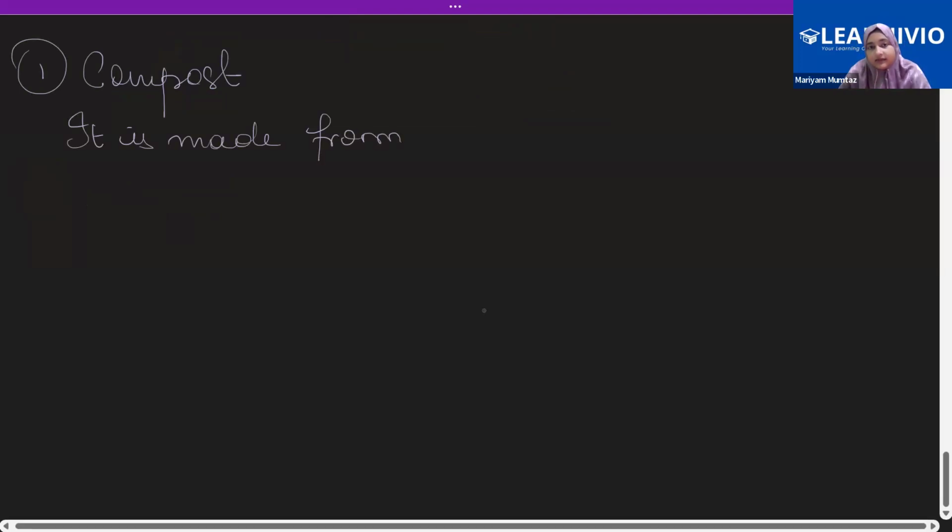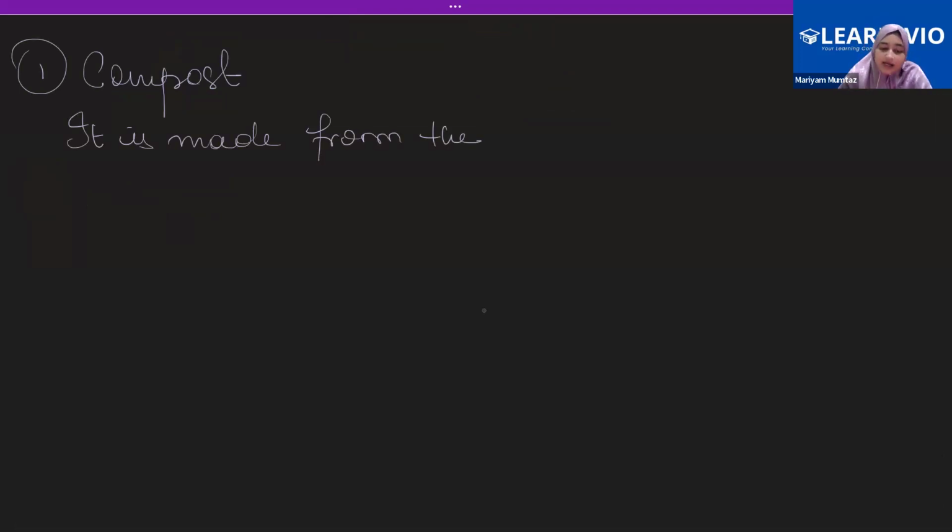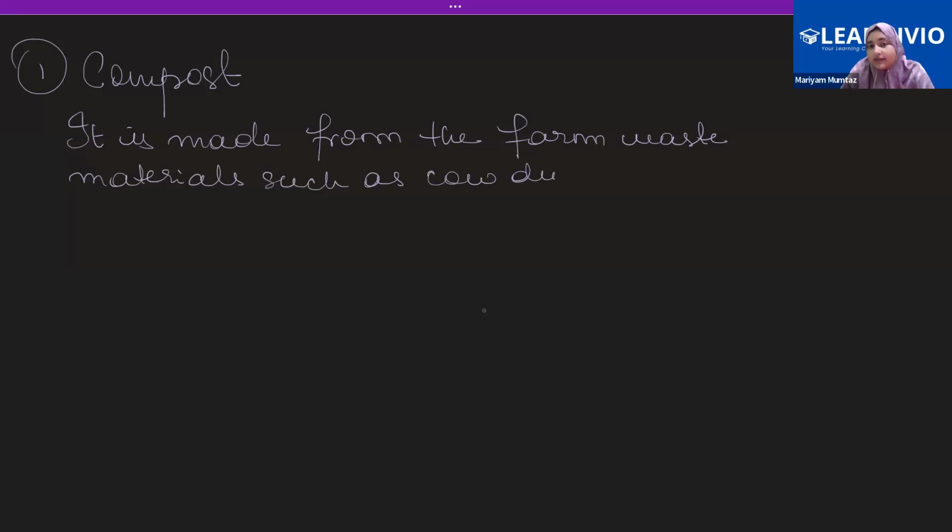from the farm waste materials, such as what are they? So they are cow dung. First of all, the first farm waste, then domestic waste would also be collected.